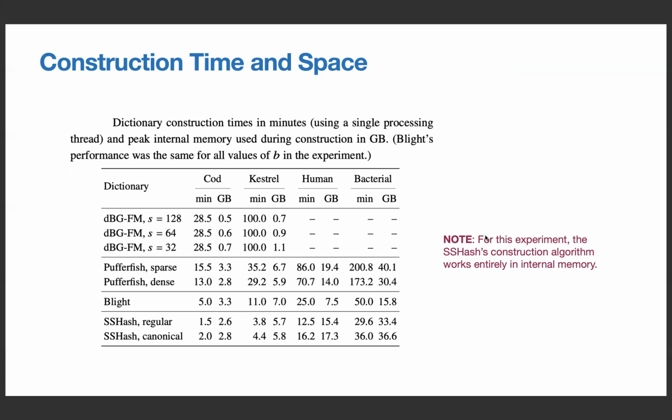The entire construction happens in internal memory for SSH, and that's why RAM usage is high, as reported here. Generally, it's much higher than that of BLight, usually by a factor of 2, and comparable to that of Pufferfish. But this has actually changed in the latest releases of the library, where we're using an external memory algorithm.